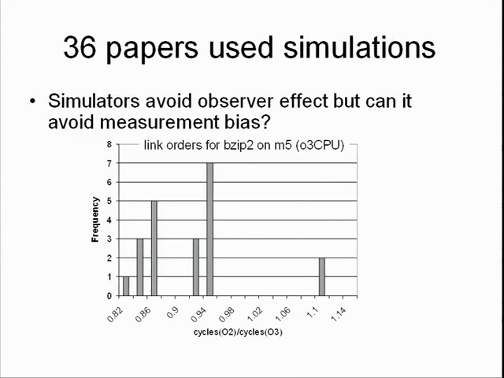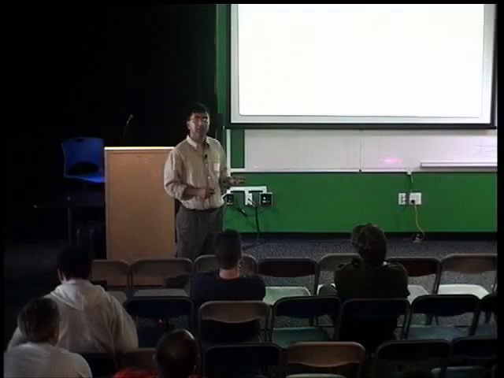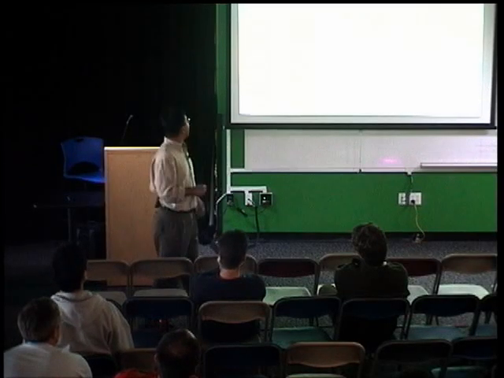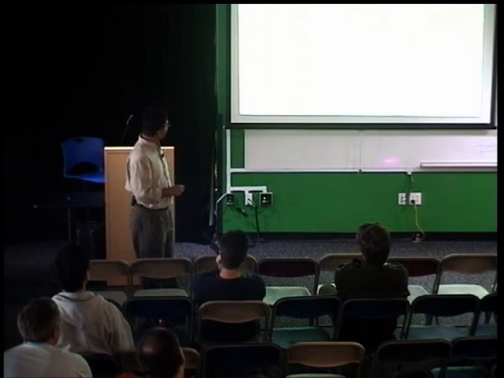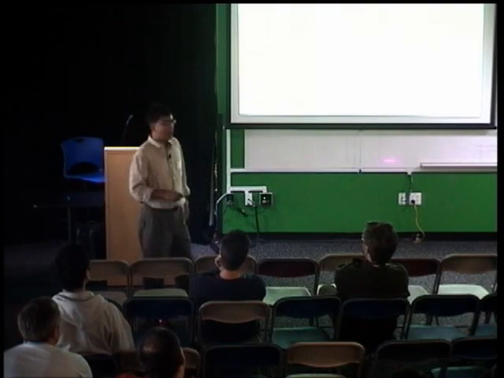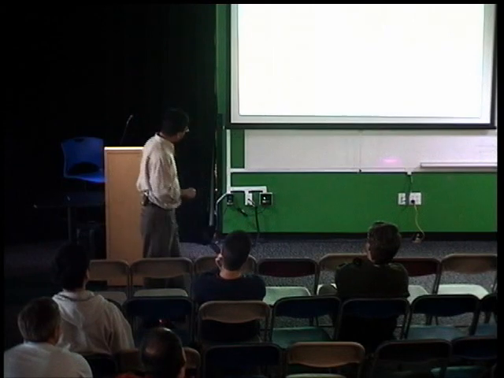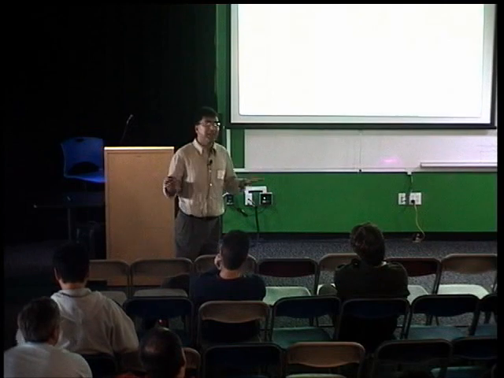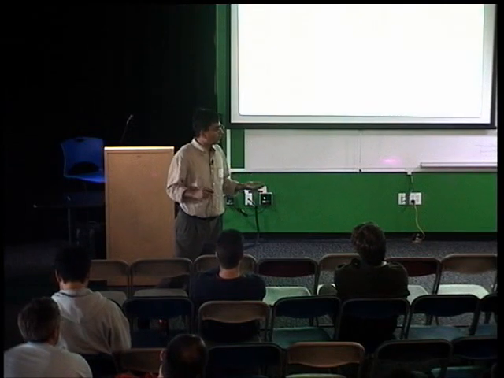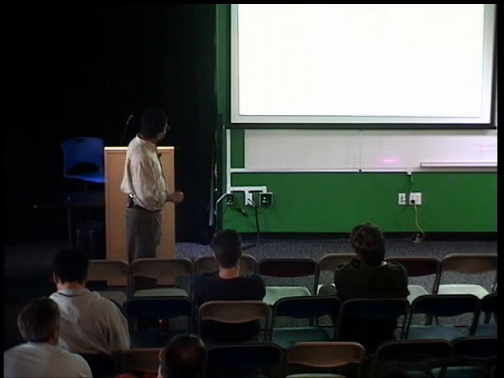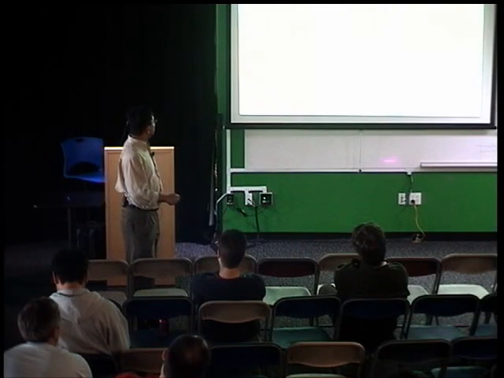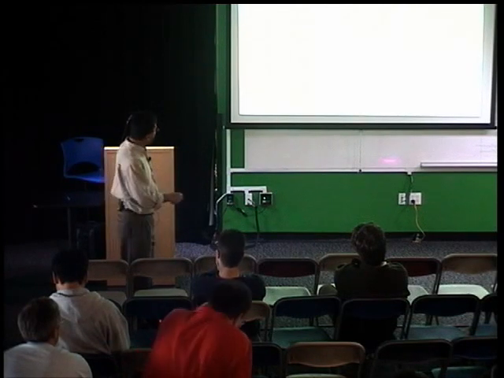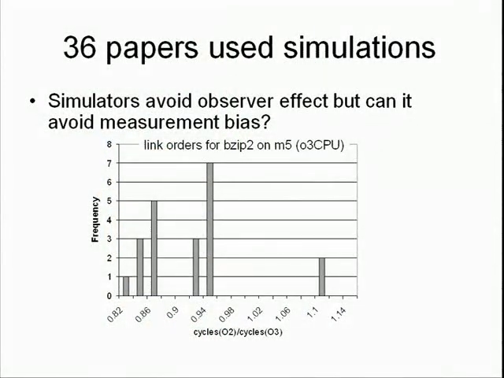So what we did in this graph is that we took the M5 simulator, which is one of the most prominent public domain architectural simulators out there from Michigan, and we used its accurate O3 CPU model, and we tried many different link orders. So we did the same link order experiment that I described earlier, and the x-axis gives you the normalized speed up, or the speed up that we got of O3 against O2.